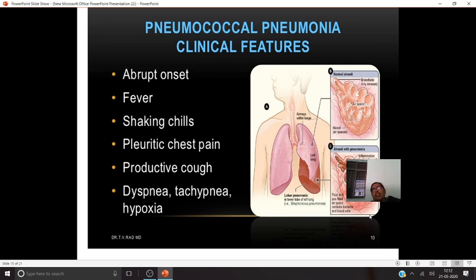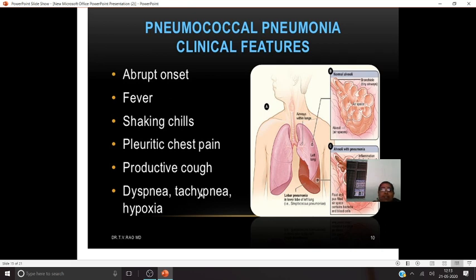Then what are the clinical features? How do we detect that the patient has a pneumococcal infection? You will see an abrupt onset. The patient has complaints of fever, shaking chills with rigors, pleuritic chest pain, and productive cough.